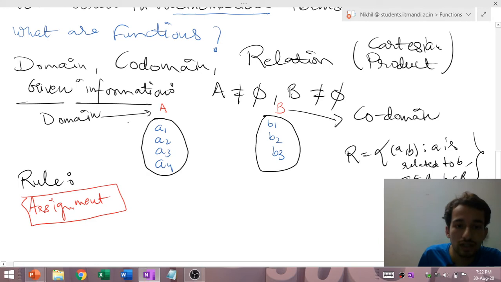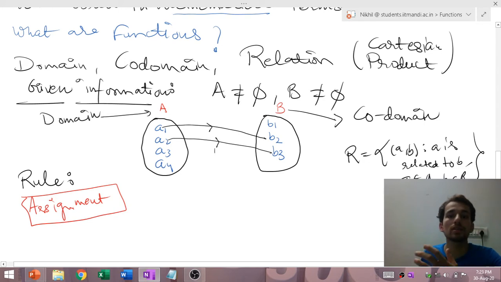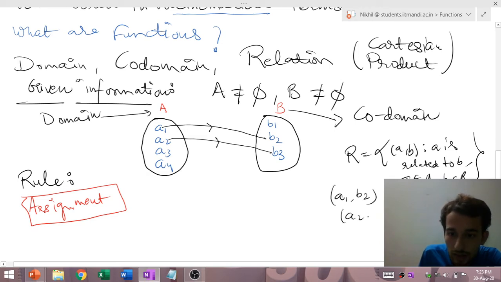It's called a function. Now I relate my elements, suppose A1 is related with B2, my A2 is related with B3. Here I am using a kind of arrows. I am relating them through these arrows. That's why such diagrams are often called arrow diagrams. So now if I write them in the form of ordered pairs, I will write (A1, B2) and (A2, B3).